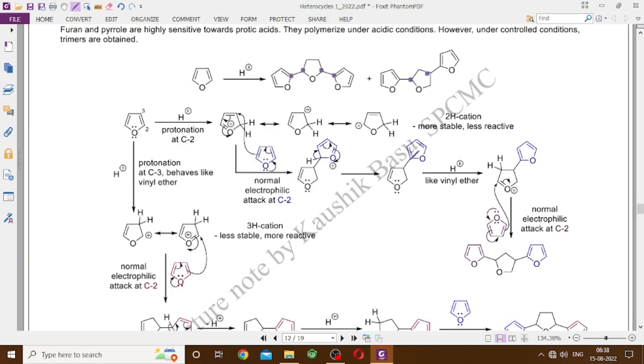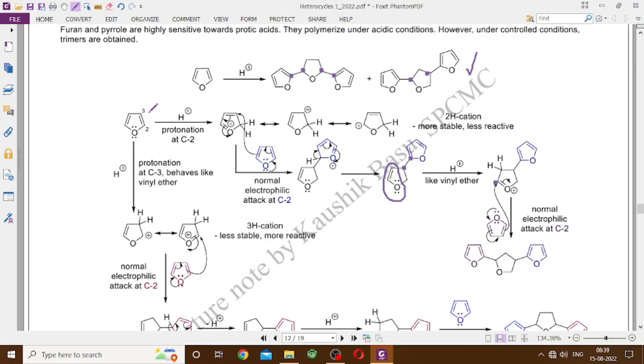So you get the C2-C3 bond established. Now this is obviously a vinyl ether, so it will undergo protonation to give you the resonance stabilized oxocarbenium ion. The magenta colored furan will now attack this position to give you the trimer, which is described here.